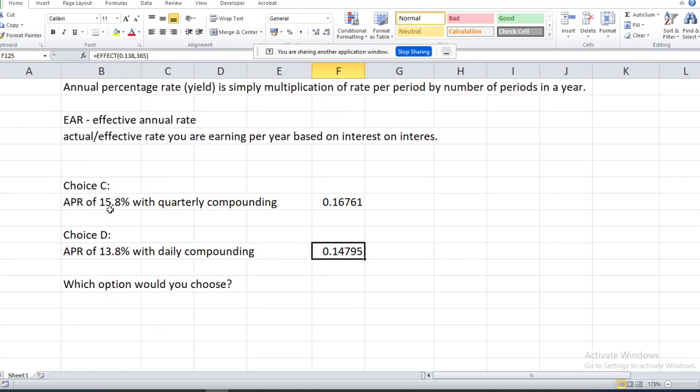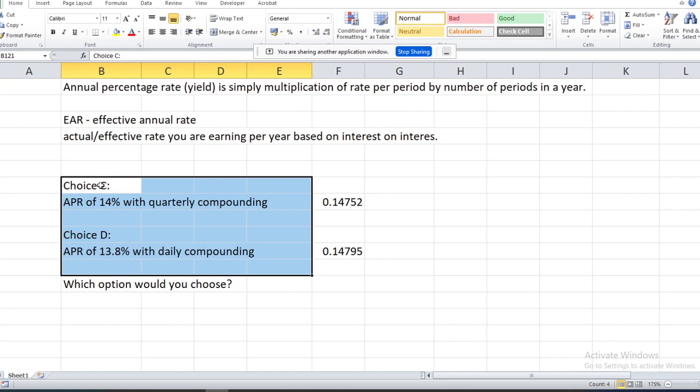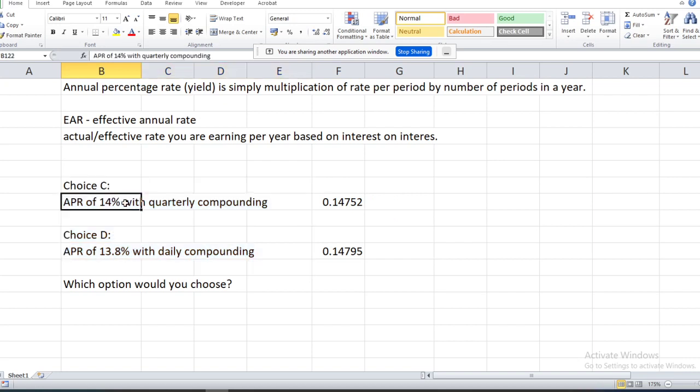Let me change the numbers a little bit to make it kind of more of an illustrative example. Okay, let's change it to 14%. And we're going to change this to 14%. So again, it's a better example because it looks like choice C is better. It's going to give me 14% versus 13.8% APR as advertised.